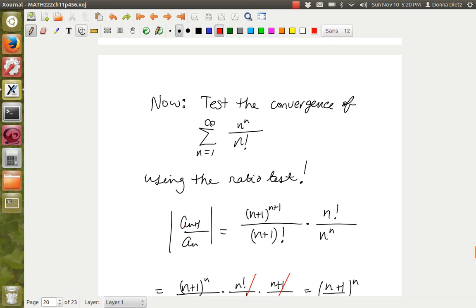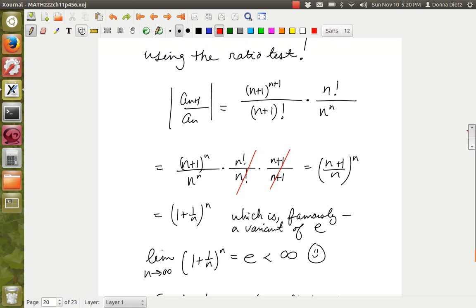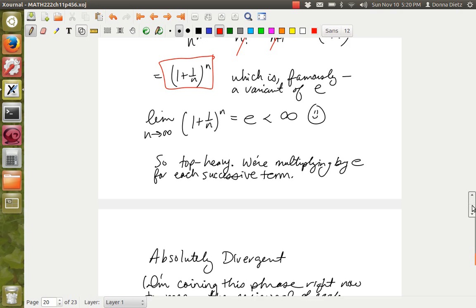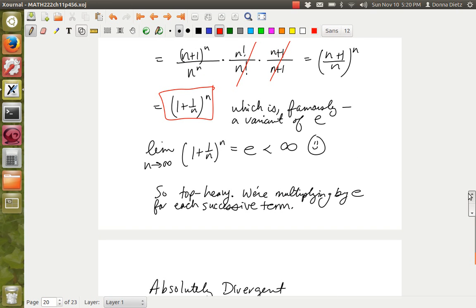If I take this rule, a_(n+1) over a_n, take the absolute values, stack them all up, do the algebra, then we go directly to this expression, which we already know goes to e. But e is less than infinity, it's a limit. Actually, the important thing is, who cares if it's less than infinity?